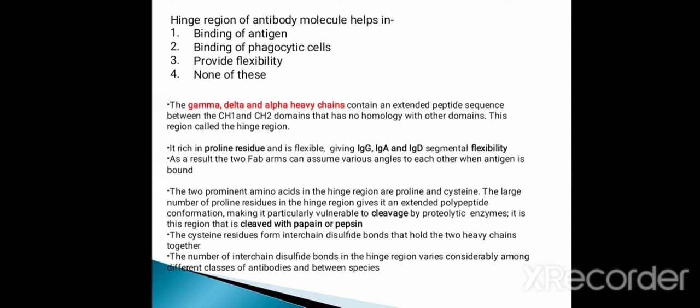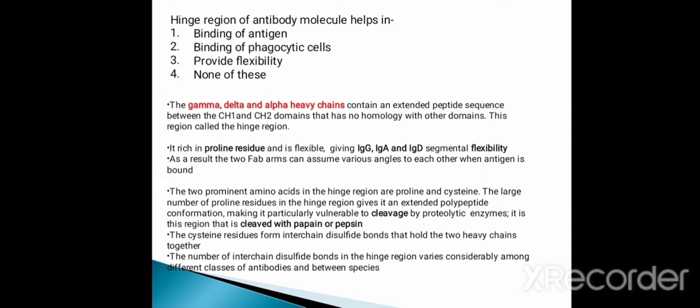The gamma, delta and alpha heavy chains contain an extended peptide sequence between the CH1 and CH2 domains that has no homology with other domains. This region is called the hinge region. It is rich in proline residues and is flexible, giving the IgG, IgA, IgD segmental flexibility.